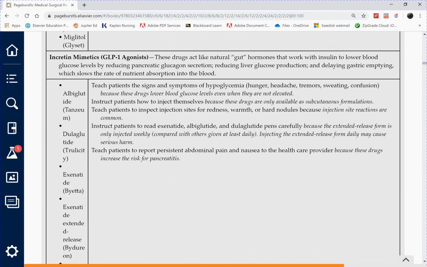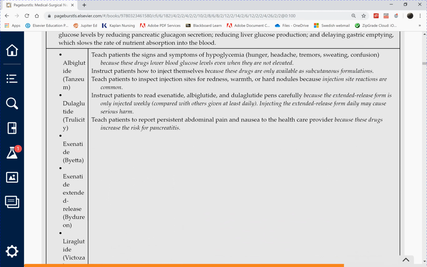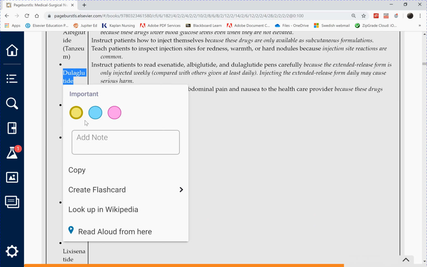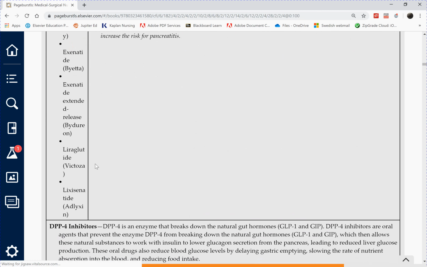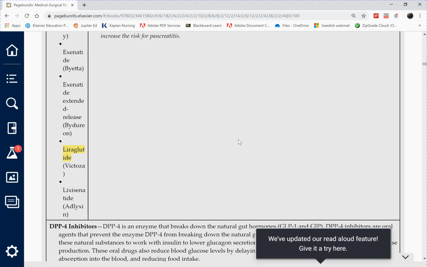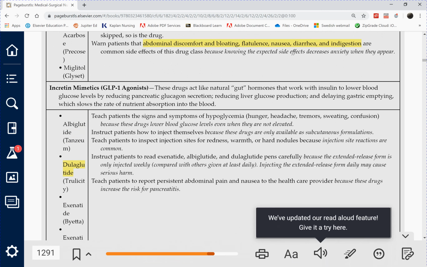We have incretin mimetics. We have a lot of drugs here. I'll only ask you about dulaglutide, which is Trulicity, and Victoza, liraglutide. Okay. Now, this is the action of the drug.